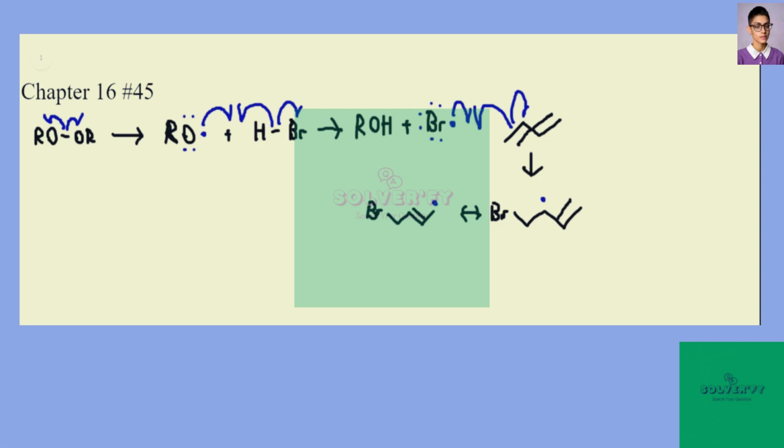And so we have these two species, and this is what gives rise to our two possible products, because when we add another molecule of HBr here, so another HBr here, or another HBr here.